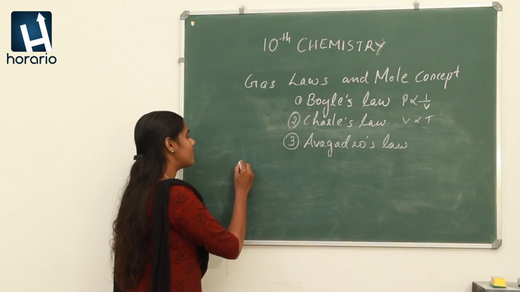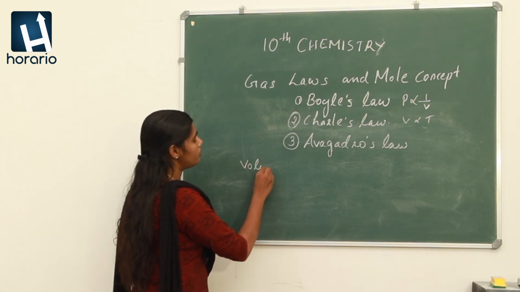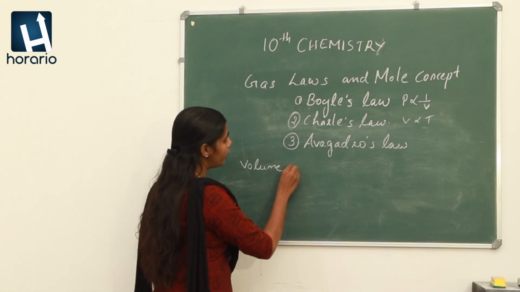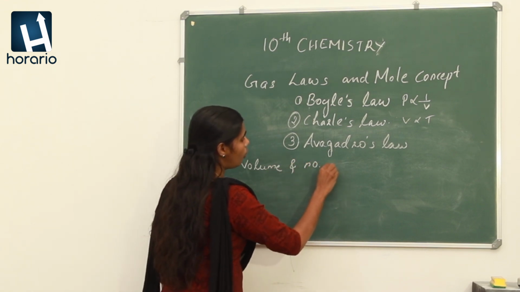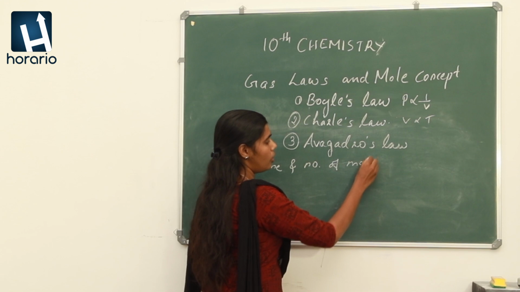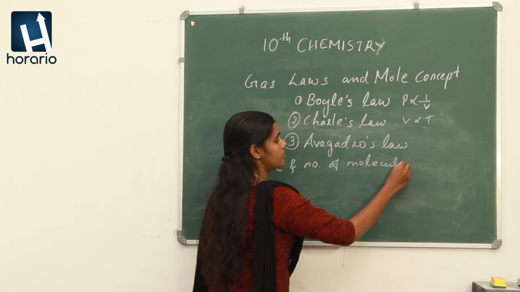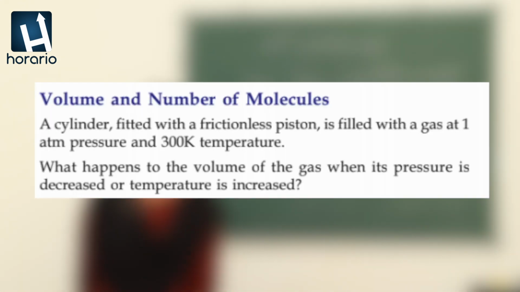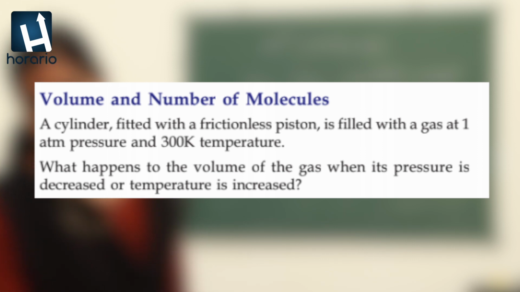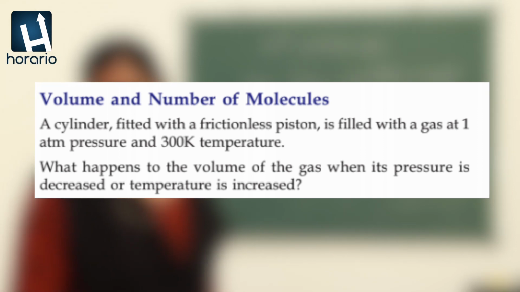It states the relationship between volume and number of molecules. In your textbook, page number 37, you can see a statement and some questions there. A cylinder fitted with a frictionless piston is filled with a gas at 1 atm pressure and 300 Kelvin temperature.